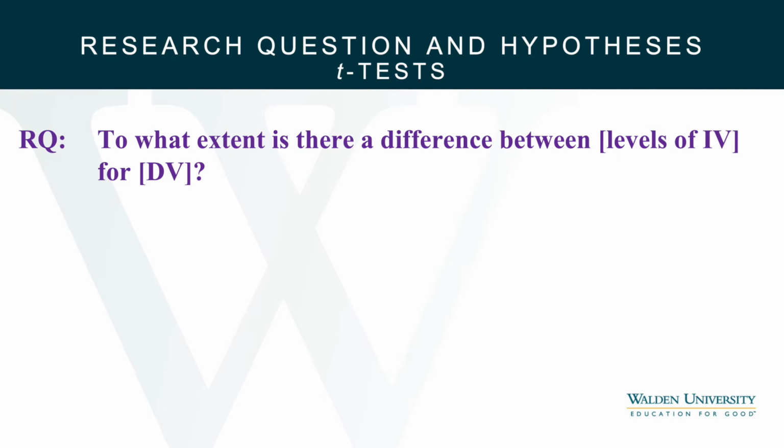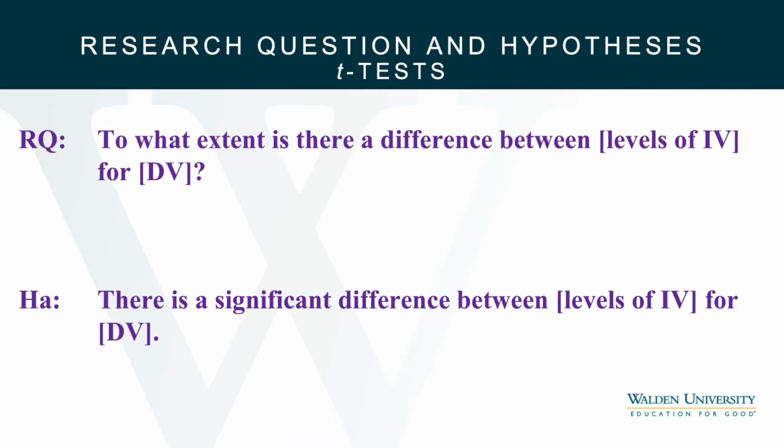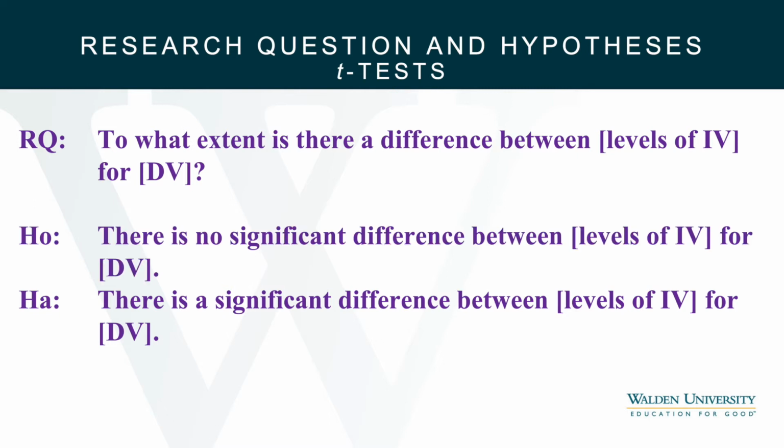So to what extent is there a difference between the two levels of the independent variable for how they score on the dependent variable? The alternative hypothesis would state what I'm expecting. I'm expecting that there is a significant difference between the two levels of the independent variable for how they score on the dependent variable. And the null hypothesis would turn that around into a negative statement.